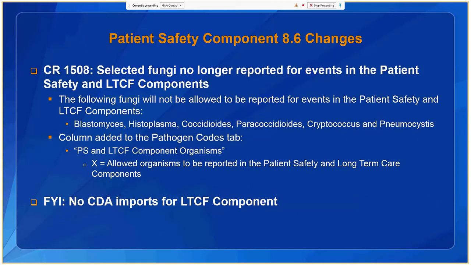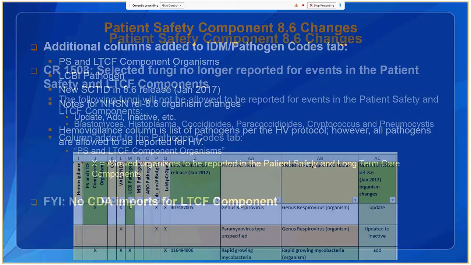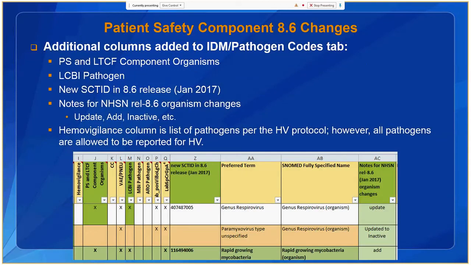And the reason we did this is to have flexibility going in the future to be able to edit that column. So if the SMEs decide they don't want something else reported, then we may start reducing that list some. But we'll keep you posted. All right, and just a reminder, there's no CDA import for long-term care component right now. Next slide.